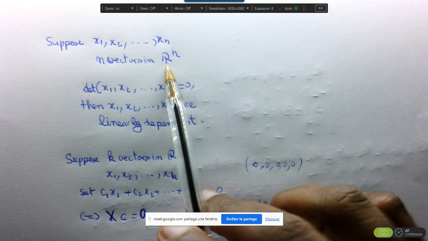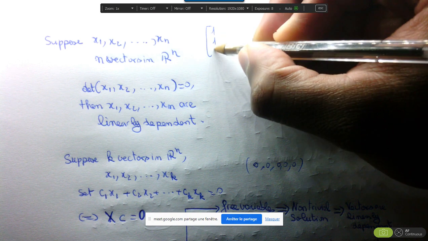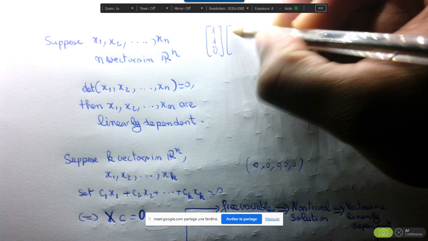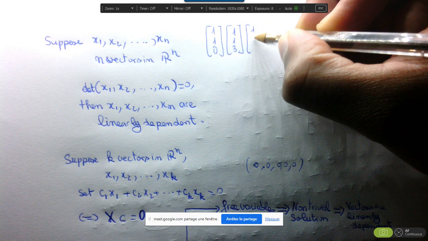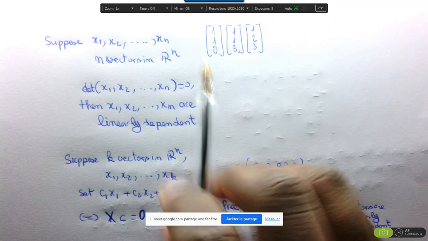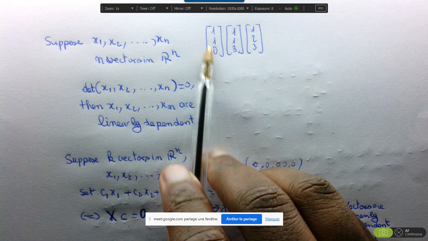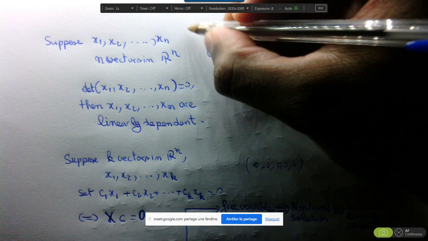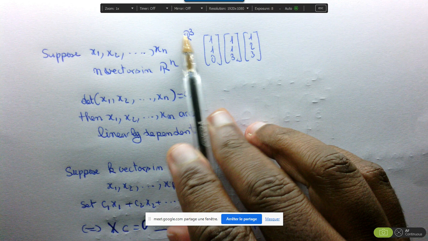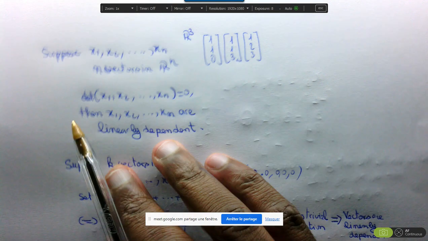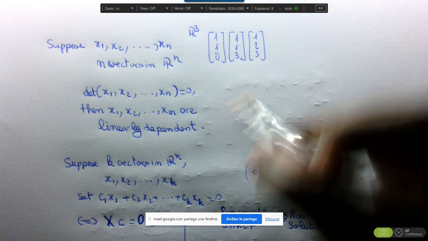Suppose I have, let's say, 1, 1, 0, 1, 1, 3, 1, 2, 3. Here we have vectors with three components, so we are in R3. R3 is the set of all vectors with three components. And here I have exactly three vectors in R3.